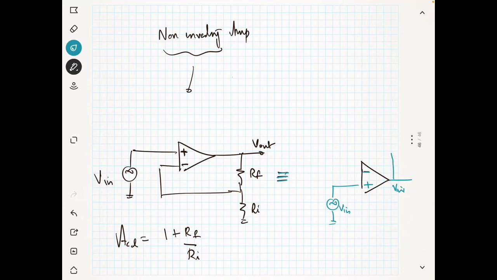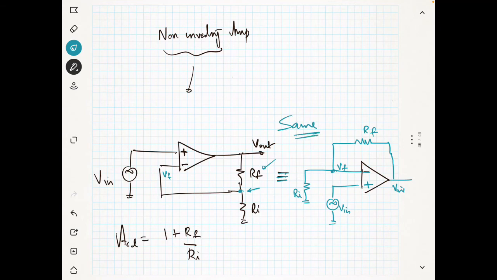You see this connection is going through Rf. So this is Rf, and from Rf I am connecting, this is my Vf, to the negative terminal, and from this point I am connecting to the ground, Ri. So both the circuits are same, and this is the voltage feedback.